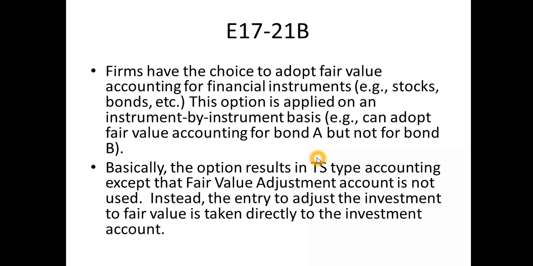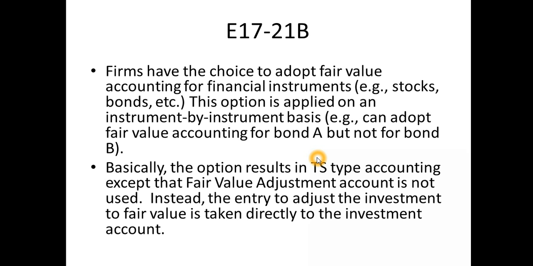As you know from earlier in Intermediate 2, the company's going to report that liability on their balance sheet at amortized cost. If a company uses the fair value option that's available to them, they can choose to report that bond on their balance sheet at fair market value.